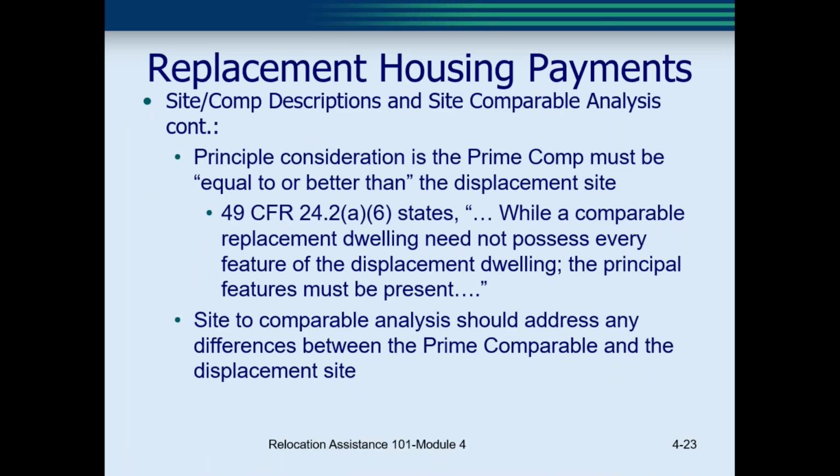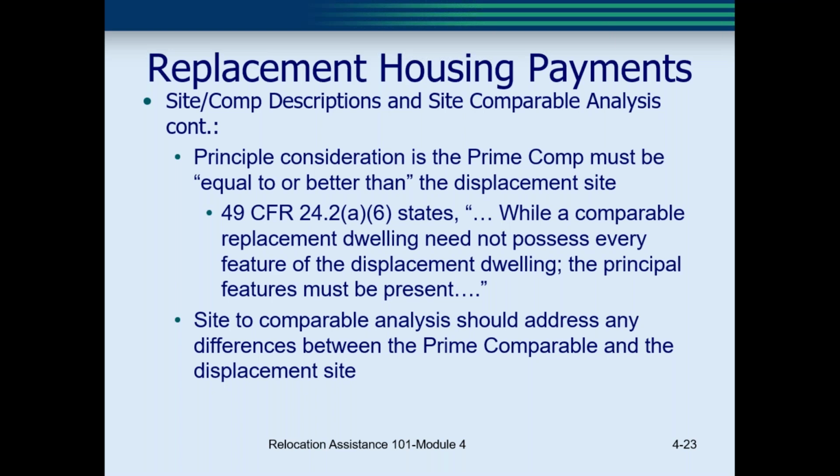The principal consideration when selecting the prime comparable is that the prime comparable, again, must be equal to or better than the displacement site. 49 CFR 24.2 states that while a comparable replacement dwelling need not possess every feature of the displacement dwelling, the principal features must be present.